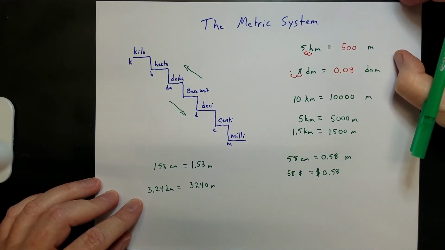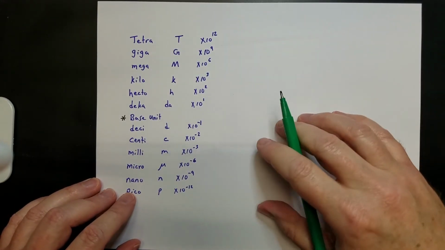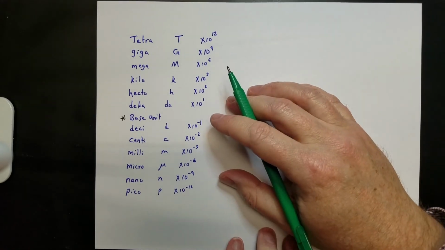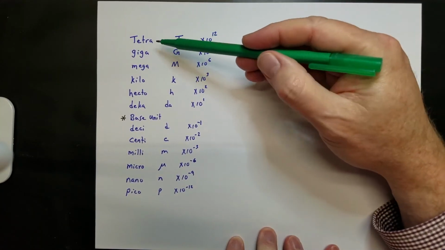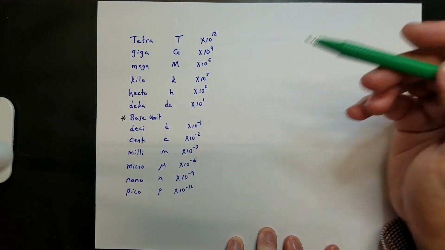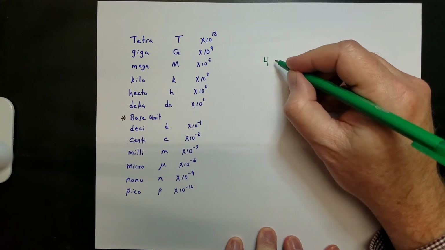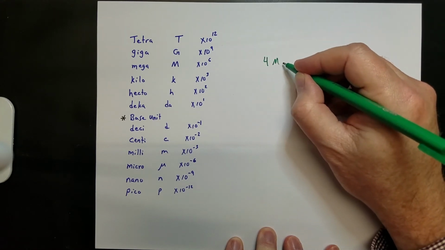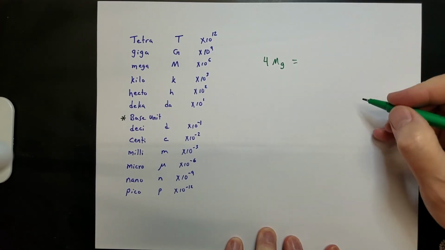Now, another way we can do it is with a big table like this. This makes converting really easy if you know what you're doing, because we've got a huge number. I'll go all the way from tetra down to pico. And so, for example, if I have 4 megagrams, and I just want to change that to grams.